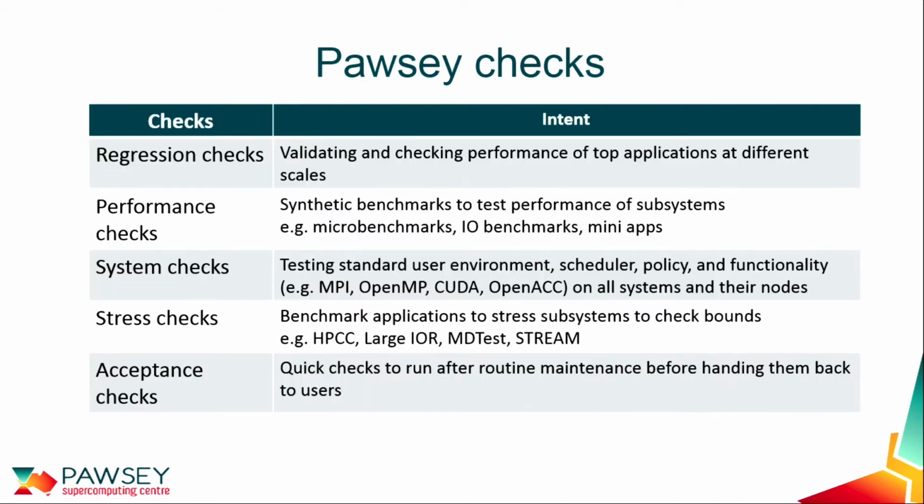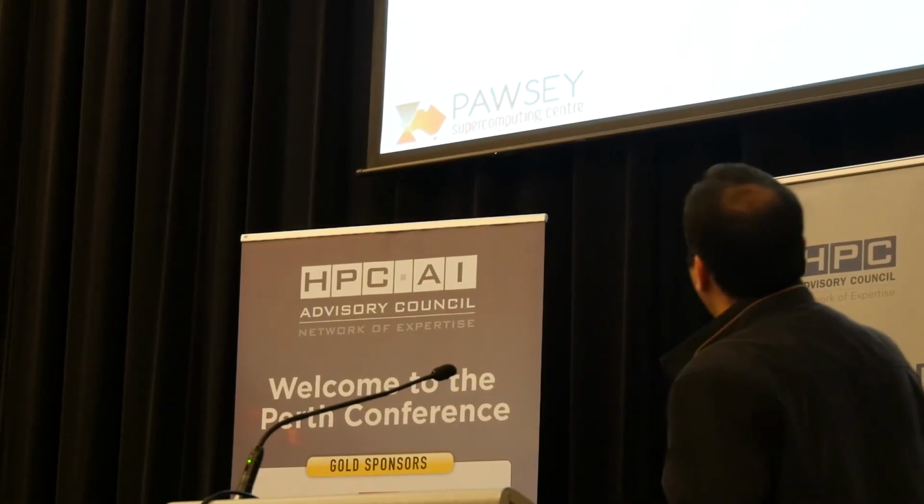Last slide. So what Pawsey is trying to do with it is bringing up a pool of tests, basically, which does different scoping of things. Regression testing, performance checks. Sometimes we are interested in performance of different subsystems. Systems checks, well, if the environment is intact or not.